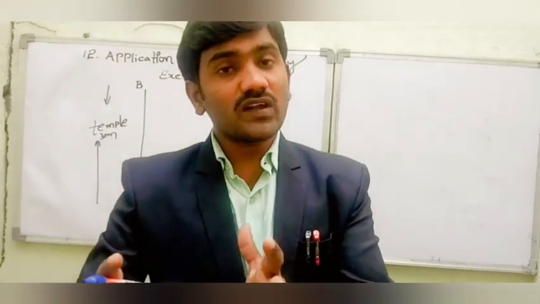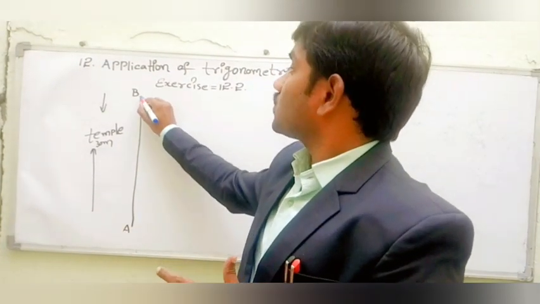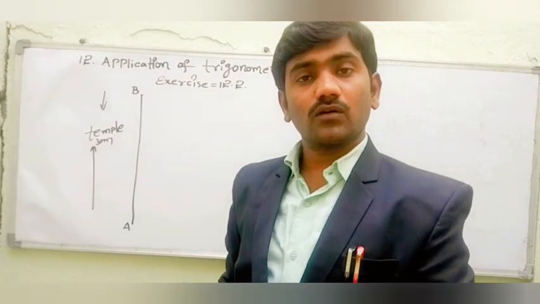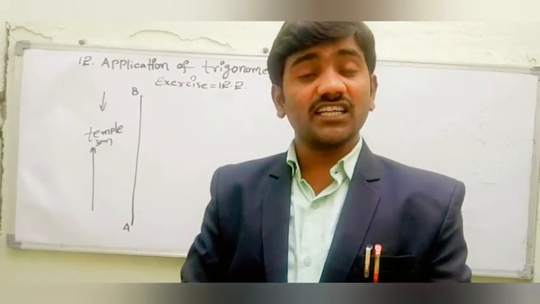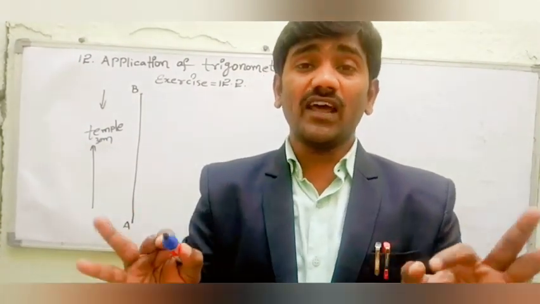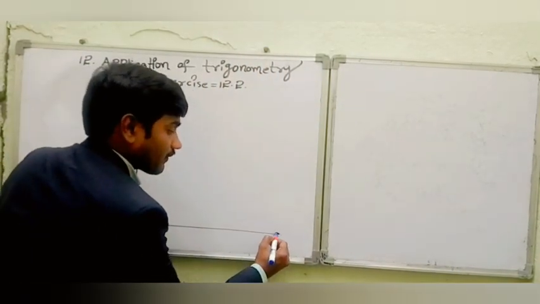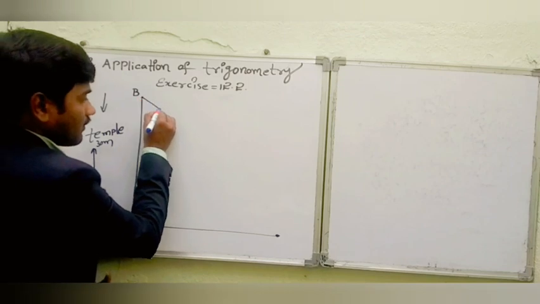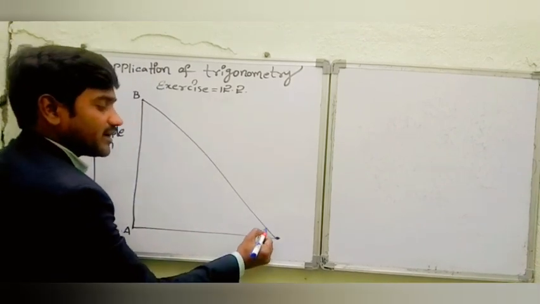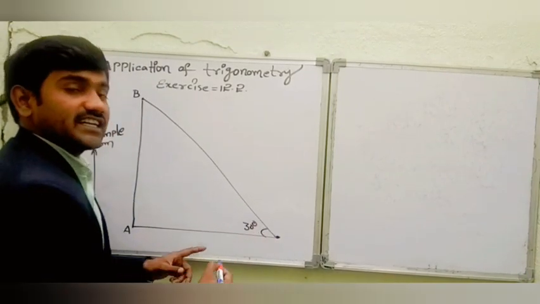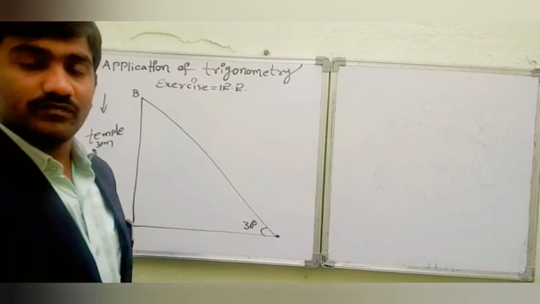But one boy is observing the top of the temple, the crown of the temple, with angles of elevation of 30 degrees and 60 degrees. So suppose the boy is here. From here he observes with a 30 degrees angle of elevation.